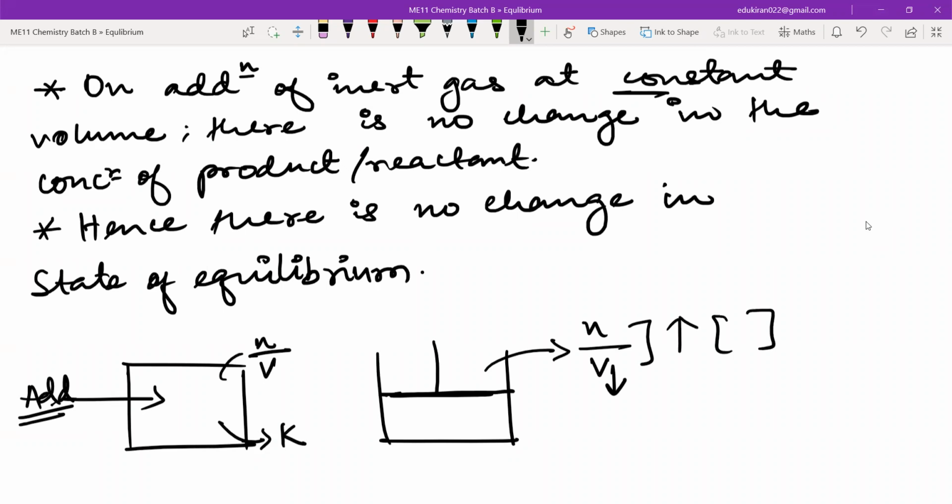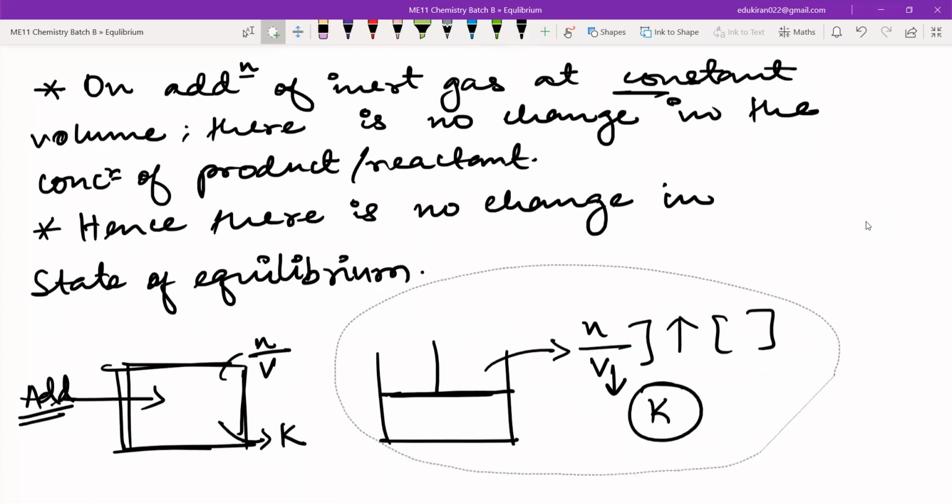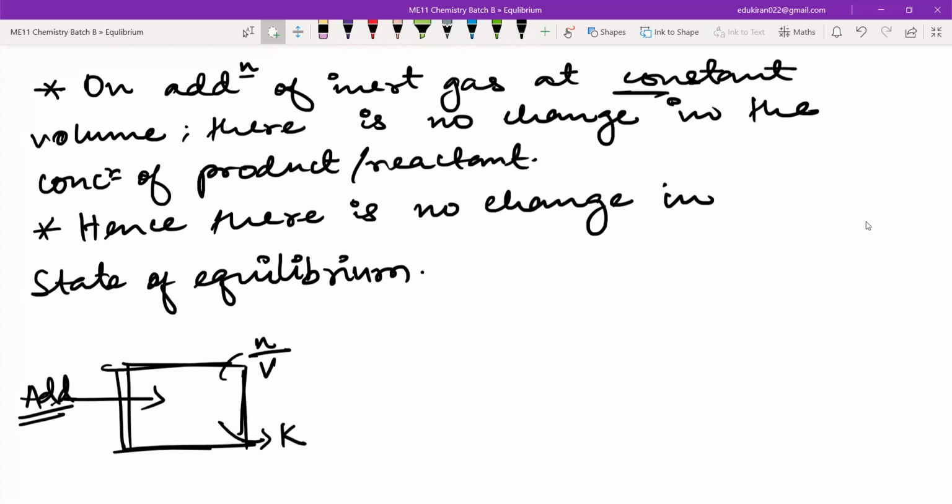If the concentration is increasing, that means the K is going to change. So if we have a constant volume and I add an inert gas, there will be no change in the equilibrium state. K is constant and Kc is also constant.